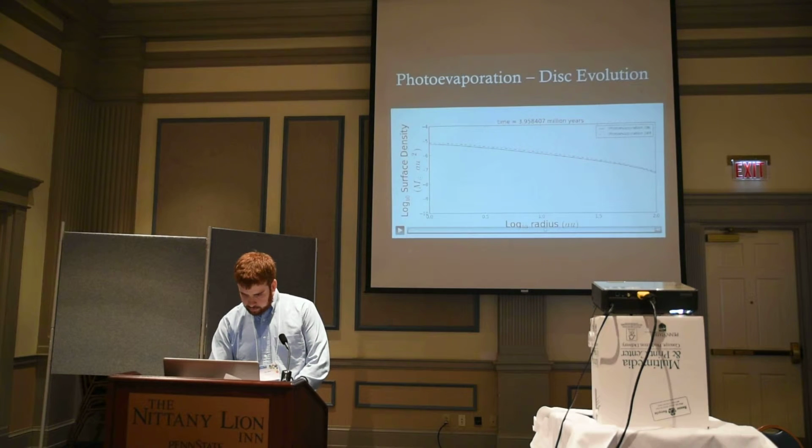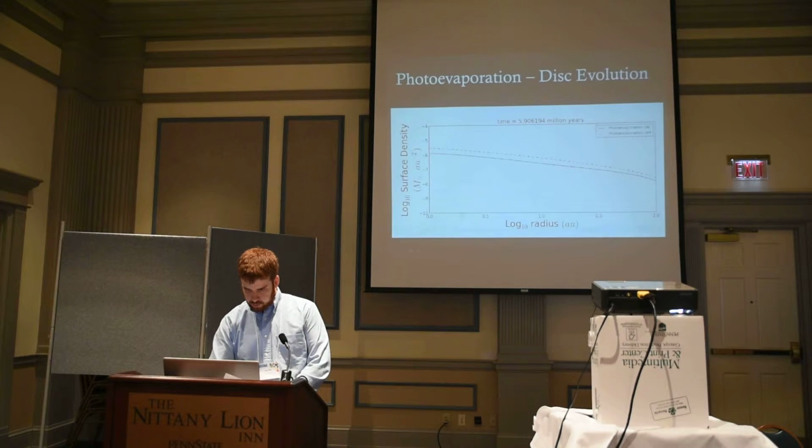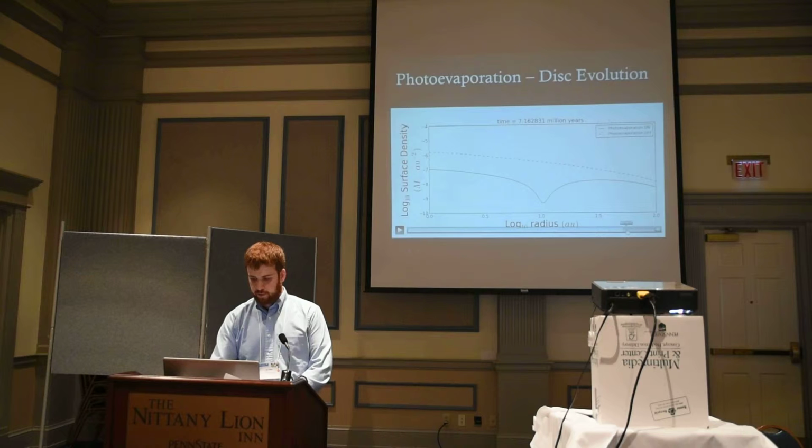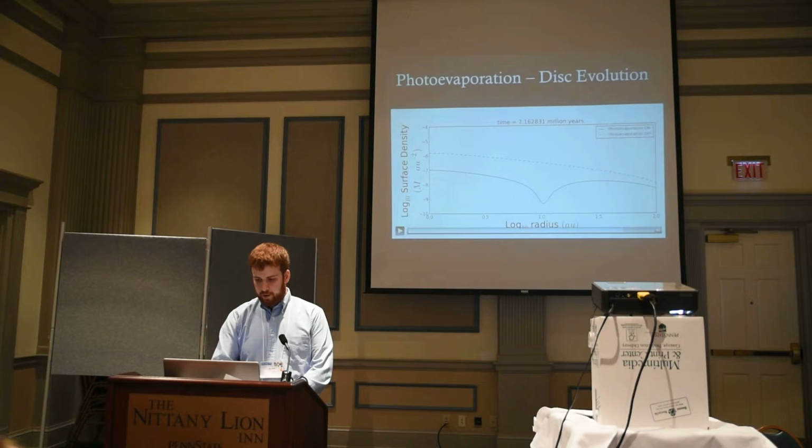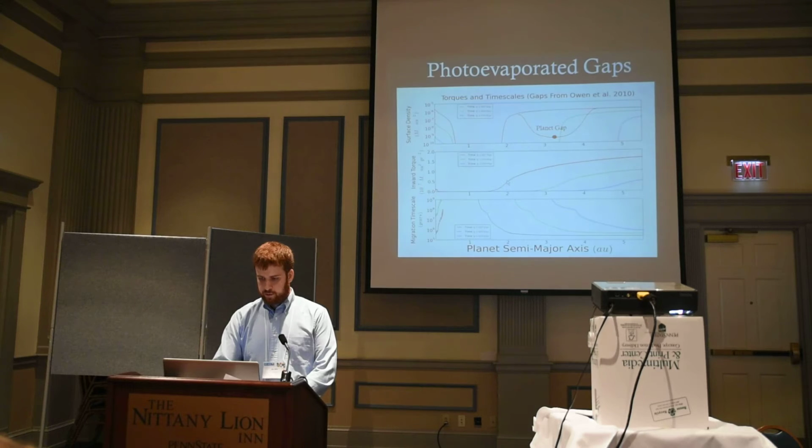Let's see if I can skip to, yeah, there we go. If I skip along here, you can see the part of the video that wasn't showing, where eventually, on the order of 5 to 10 million years, photoevaporation will create a gap in the disk.